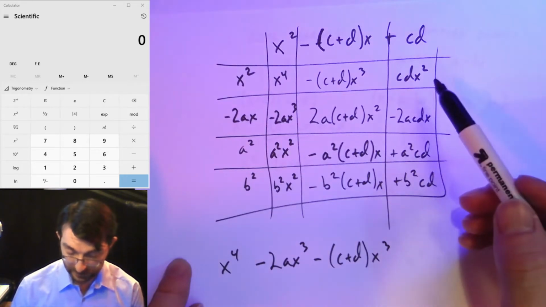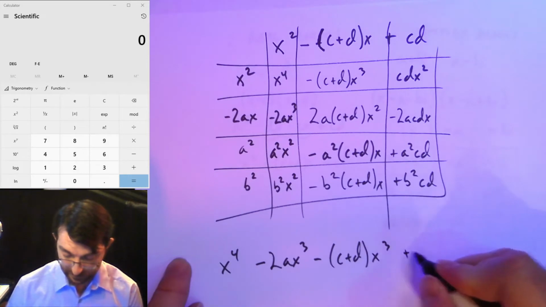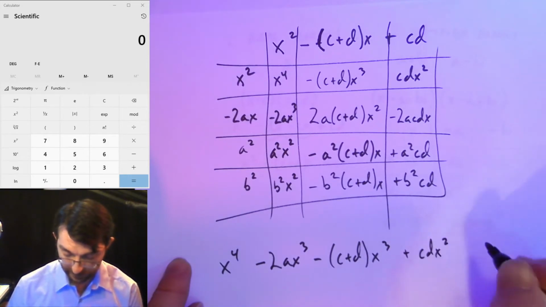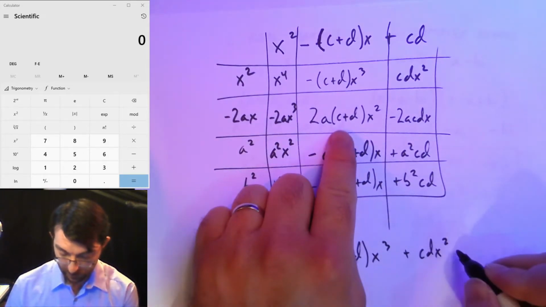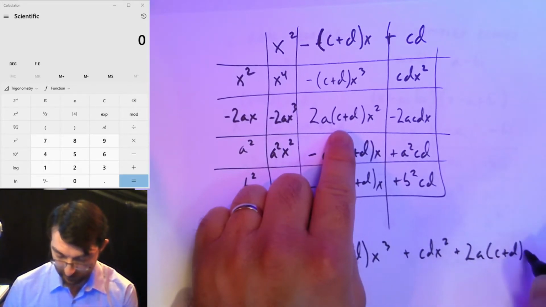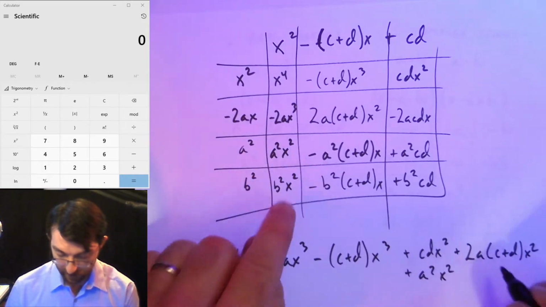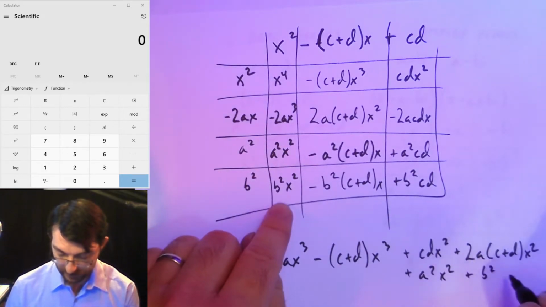So I've got cd x squared plus 2a c plus d x squared plus a squared x squared plus b squared x squared.